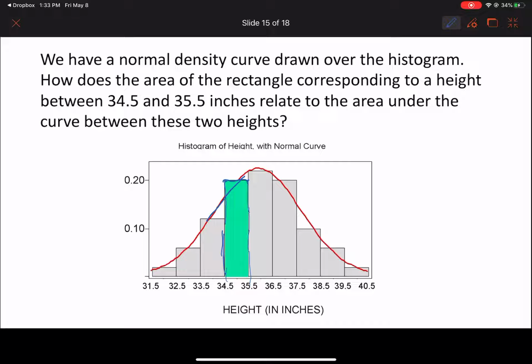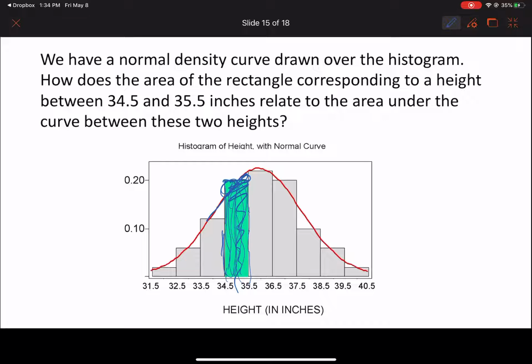If I cut this little piece off and put that little piece under here, it would be really close to covering that entire height. So this area right here also represents the probability of finding a randomly selected child being in between 34.5 and 35.5. It is basically the same thing.